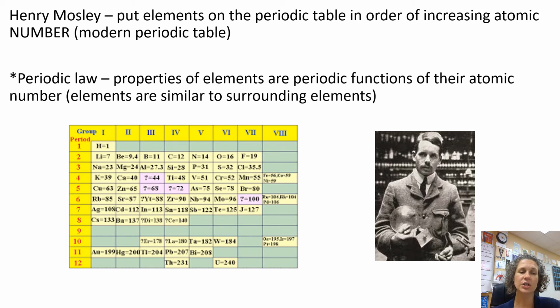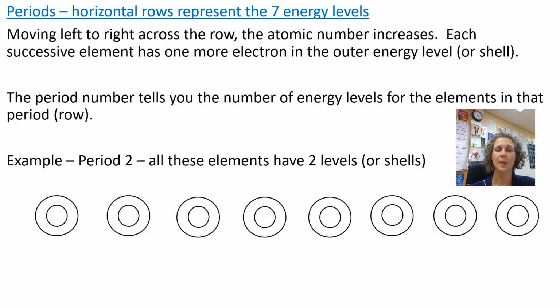So changing the atomic number by 1, adding 1 more proton, would change some of the properties, but it would also still be easy to see that it was related to the other elements. And then as they figured out electron configuration and started to see patterns there, they started to see these relationships.